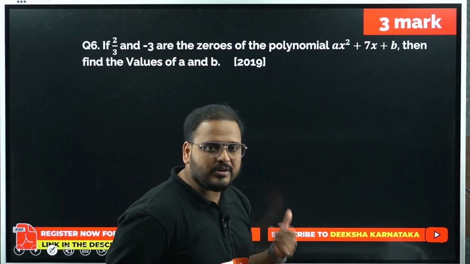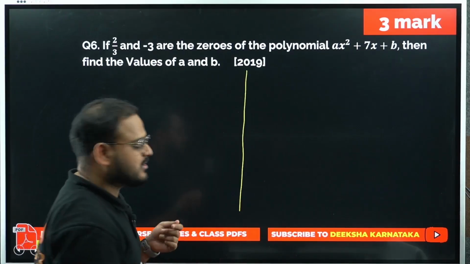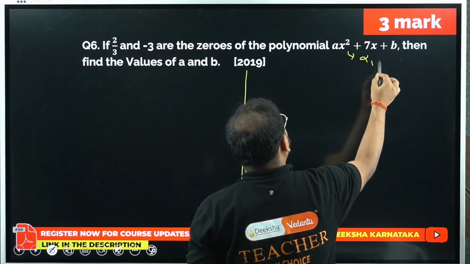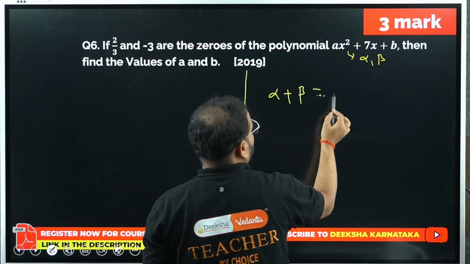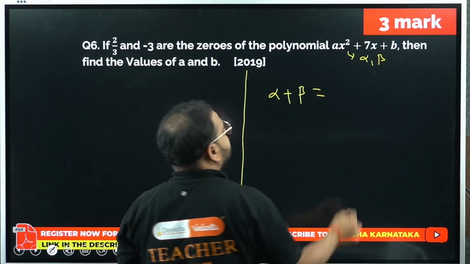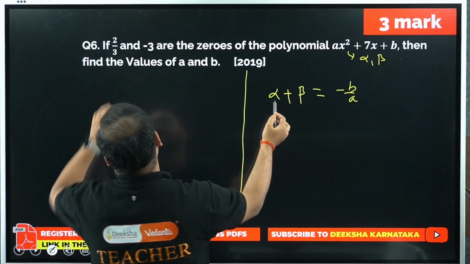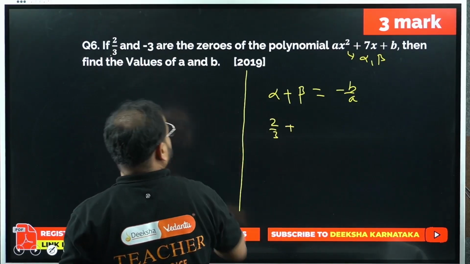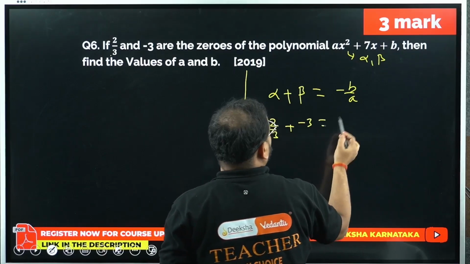But a smarter way to do it is to use the concept that we learned right now. Use the sum of the roots formula. Let's say the zeros are alpha, beta. Sum of the zeros will be minus b by a. Alpha is 2 by 3. Beta is minus 3. What's minus b?